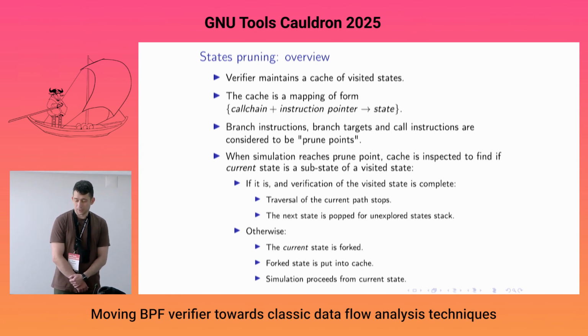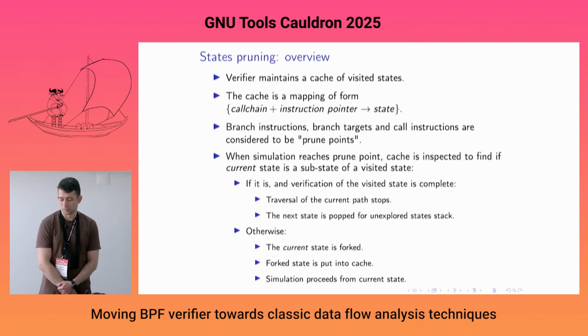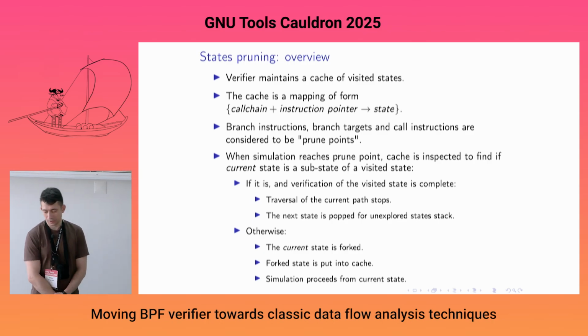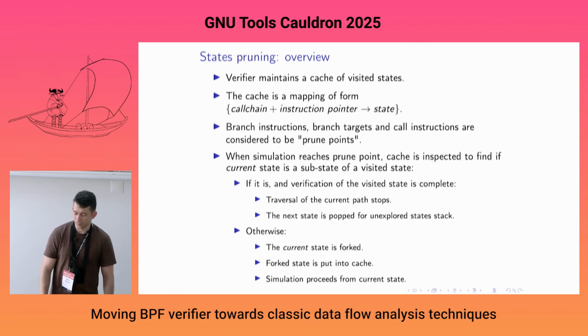If we can find such a state, we stop the traversal of the current path and continue with the next unexplored path. If we cannot find a super state for the current state, we fork the current state, put the forked state into this hash table, adding it to the list, and proceed verifying the current state.